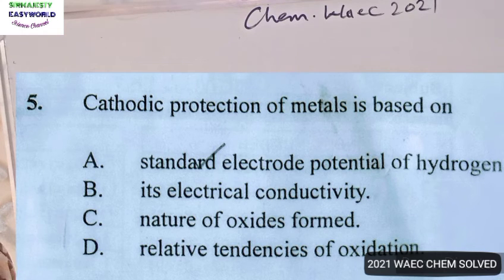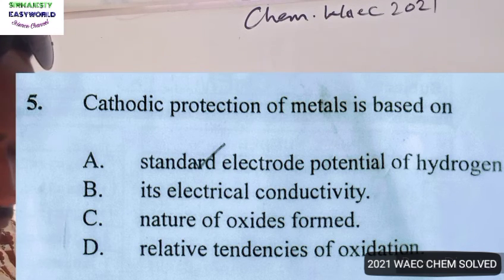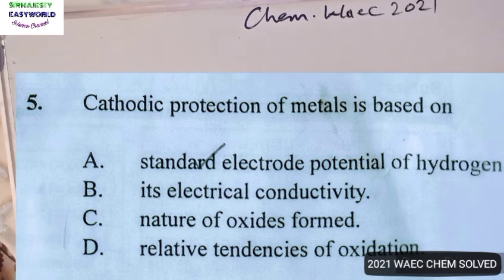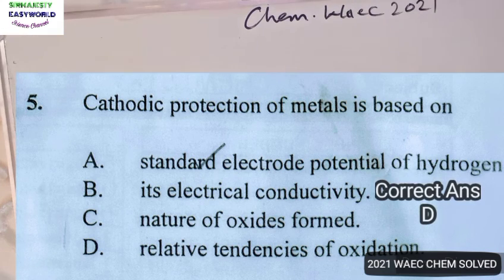It's based on A, standard electrode potential of hydrogen. Not really for hydrogen because that of hydrogen is 0. Based on its electrical conductivity. No. Nature of oxides, not really. Relative tendencies of oxidation, yes, relative tendencies of oxidation.